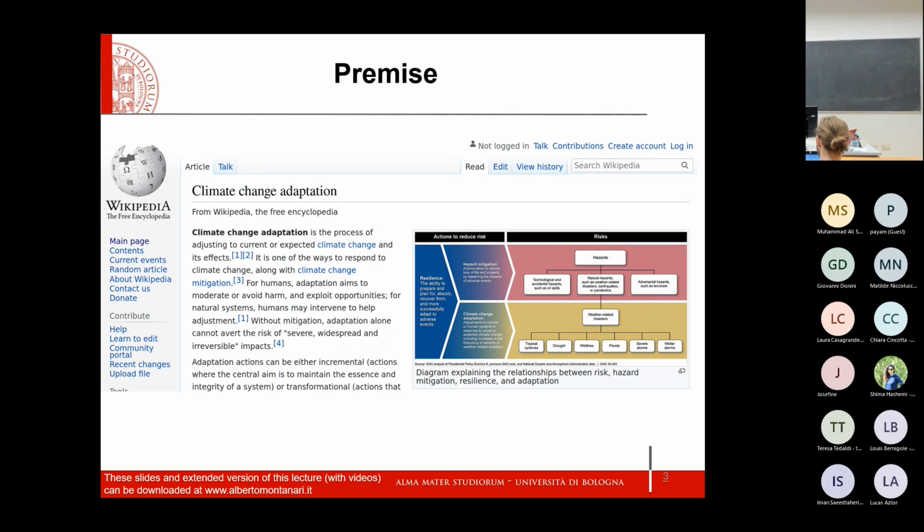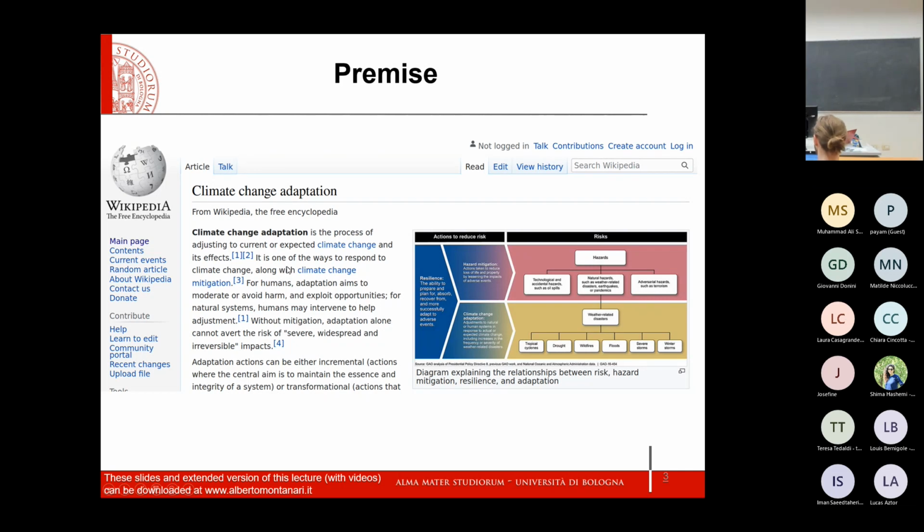And we will see that decision theory is also aiming to help you in balancing between the risk and the opportunities, the potential damage and the potential benefit. It is not easy to make a balance between what you gain and what you lose when you design a climate change adaptation action. And for this reason, we need decision theory.